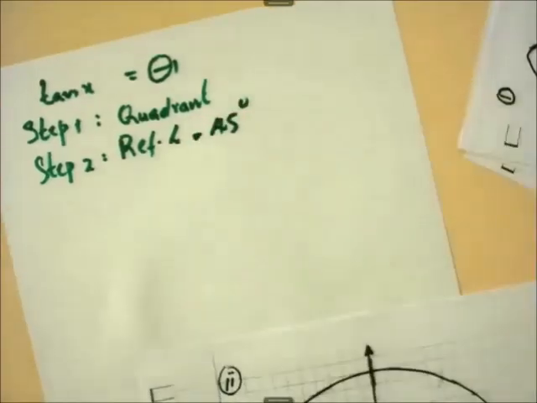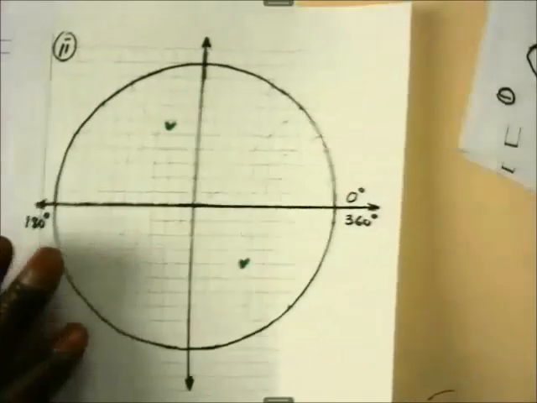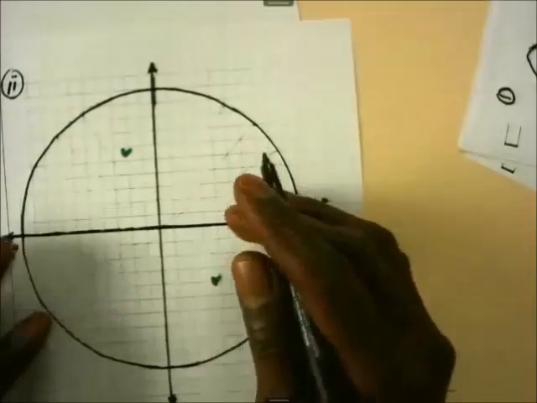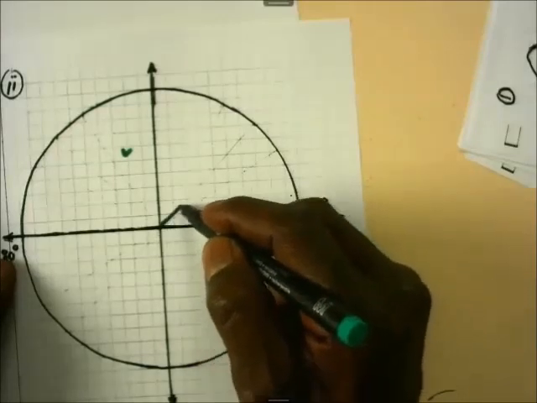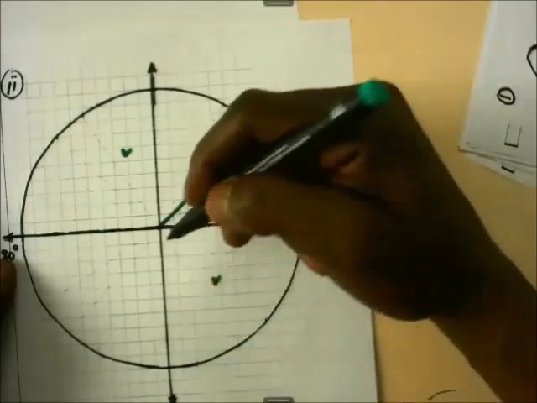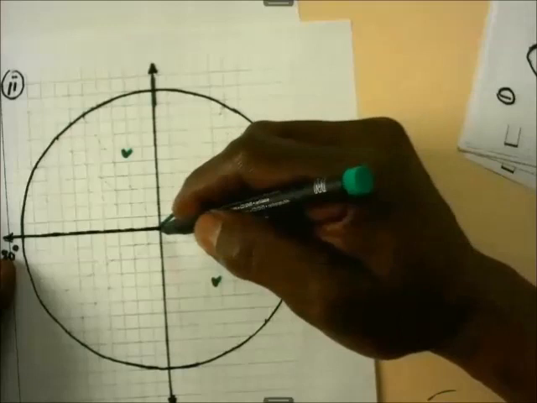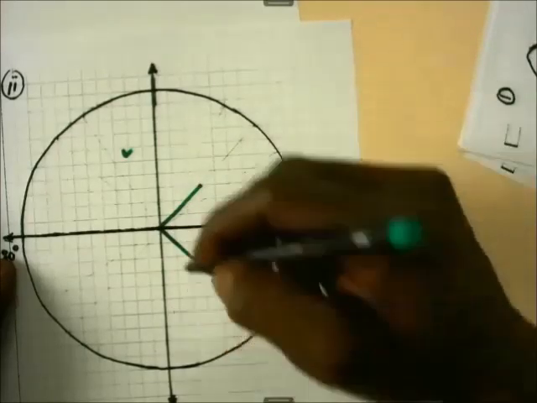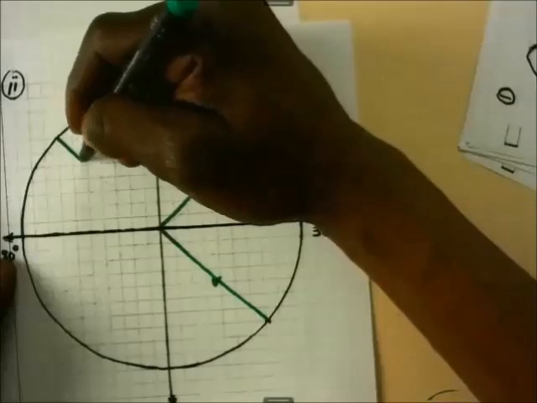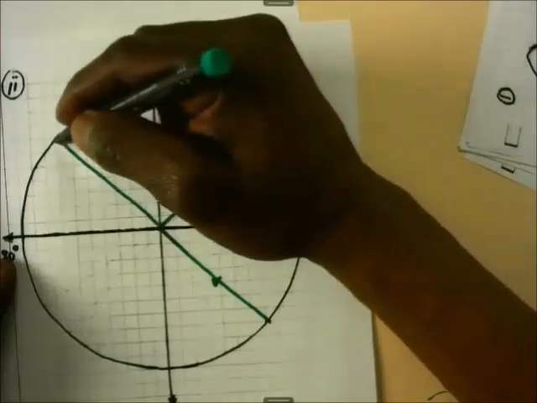So my reference angle is 45 degrees there, and let me just draw that. Now, we are working in the fourth quadrant as well as in the second quadrant.